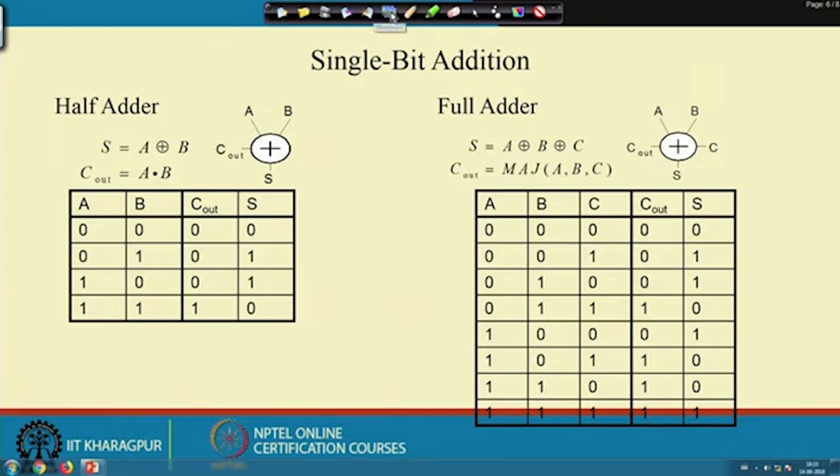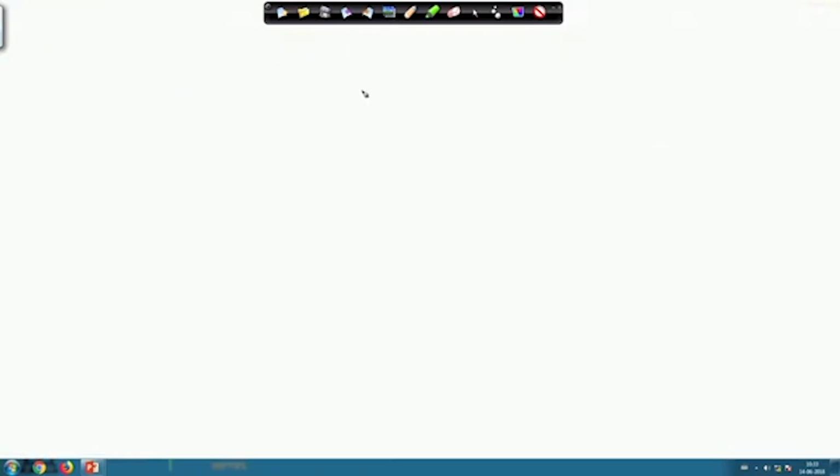Why? 1 plus 1 is 1 0, and this is the LSB position. Now 0 plus 1 equals 1, so the sum is 1, and this is the carry out bit, which is 1. Okay, understood?